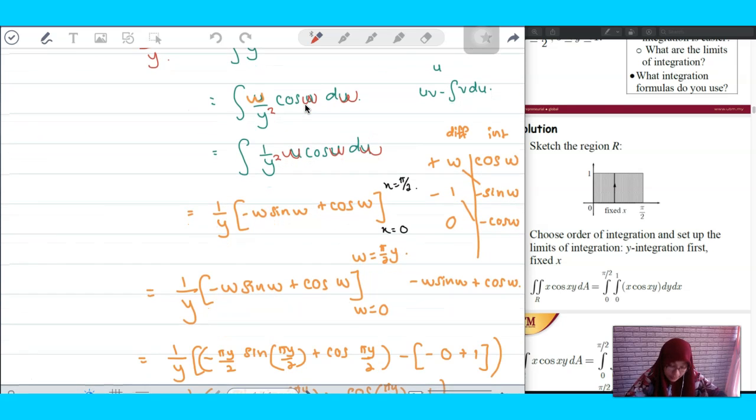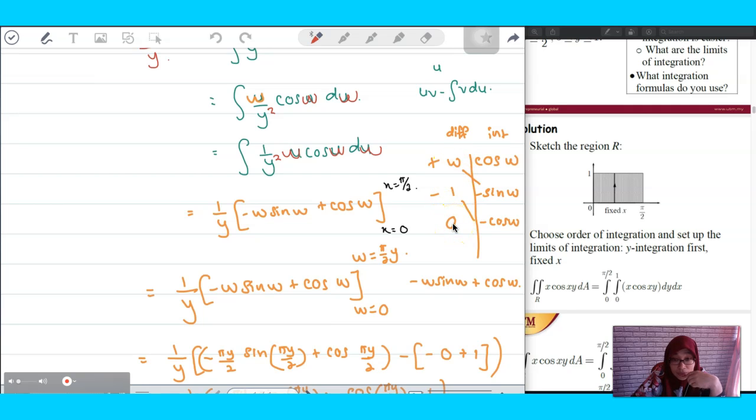So then we just want to integrate with respect to w. So 1 over y squared is constant. So now we just focus on w cos w. So I'm using the tabular method. So differentiate w till we get 0.